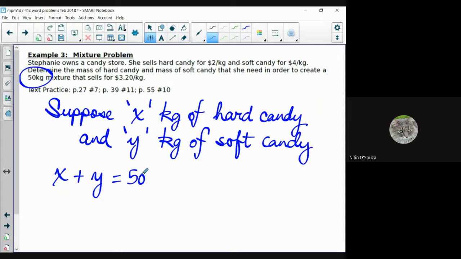Every kilo of hard candy costs $2, every kilo of soft candy costs $4, and when you put them together, you get 50 kilos that cost $3.20.